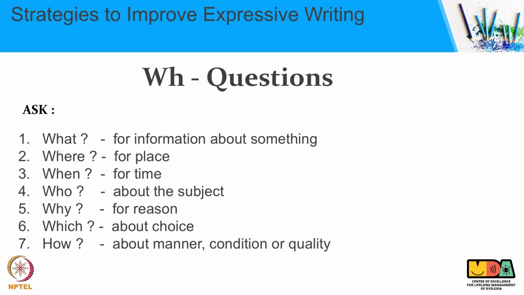Now, when we teach question words, each question word when taught and answered is connected to a person, place, thing, time or reason. When we start off, we will start off with the basic questions of who, what, where, when. Only when the child understands the usage of these words and is able to answer, we will move on to our other difficult question words of why, how and which.